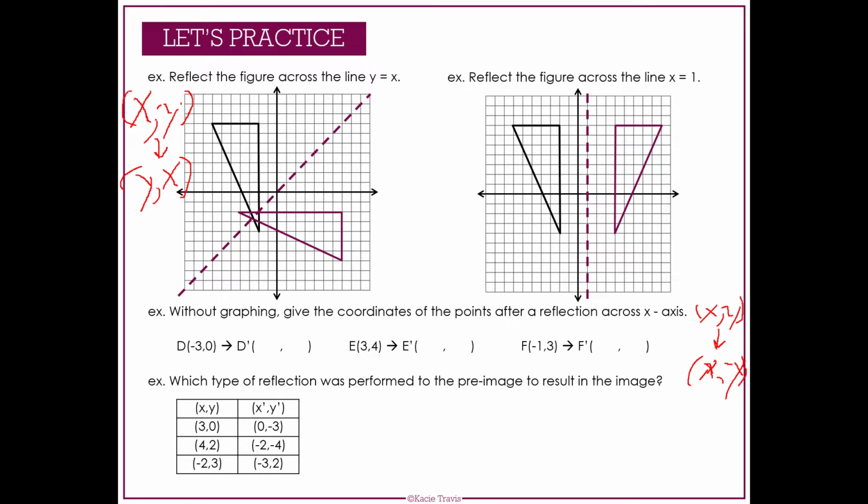So in our first one, we got negative 3, 0. For D, in D prime, it will turn into negative 3, 0. This is because 0 here does not have a negative or a positive value. This is just right smack in the middle. So if we had to reflect it over that axis, nothing changes with it, okay?